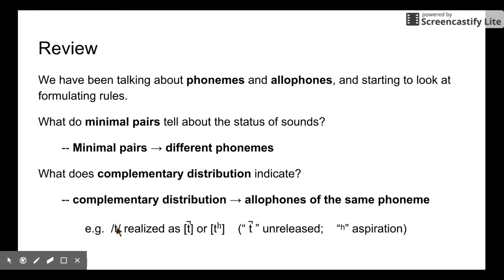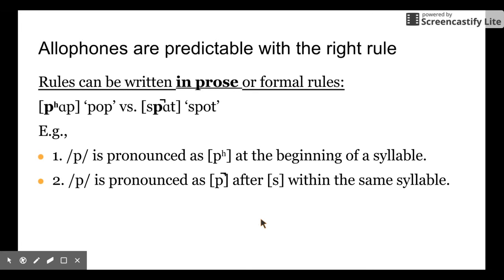In other words, this phoneme can be realized as this one or this one. It means that these two sounds are the allophones of the same phoneme. And when we have allophones of the same phoneme, then we are able to analyze the allophones because they are predictable if we have the right rule.